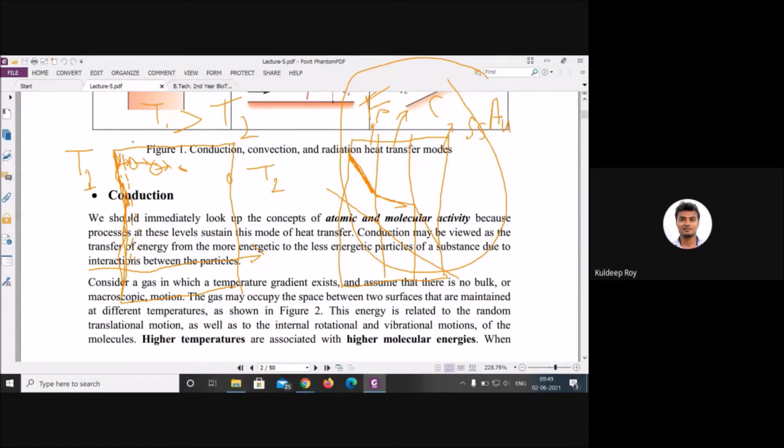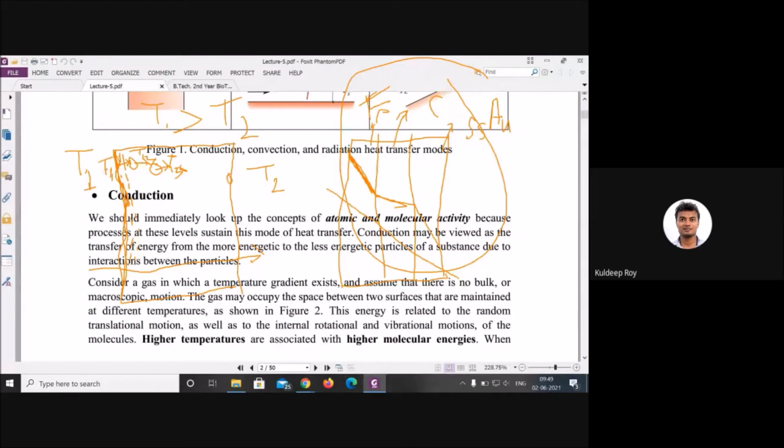But if you see the temperature at the higher place, the gradient will be very high, meaning T1 here will be very high. If I write T, sorry, here I have written T2, let me write T11, T12, T13.